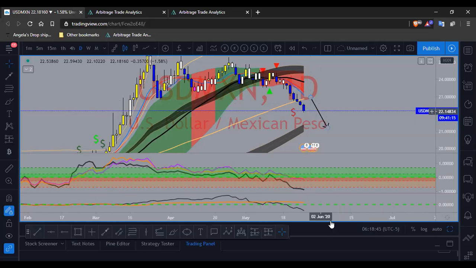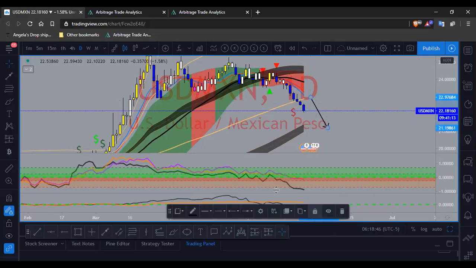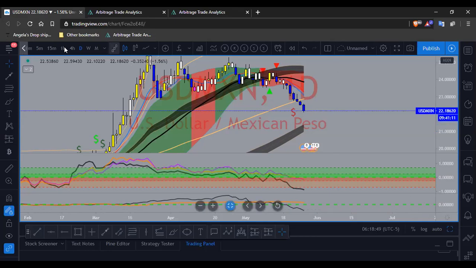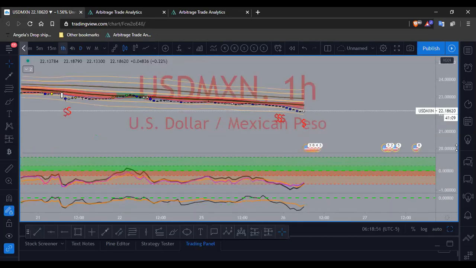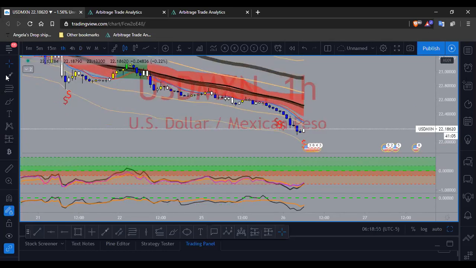And so delete those. On the hour time frame, I'm not really 100% sure that this might call for a buy, because like I said, it still has a lot of room before it even gets up to here, 300 pips.